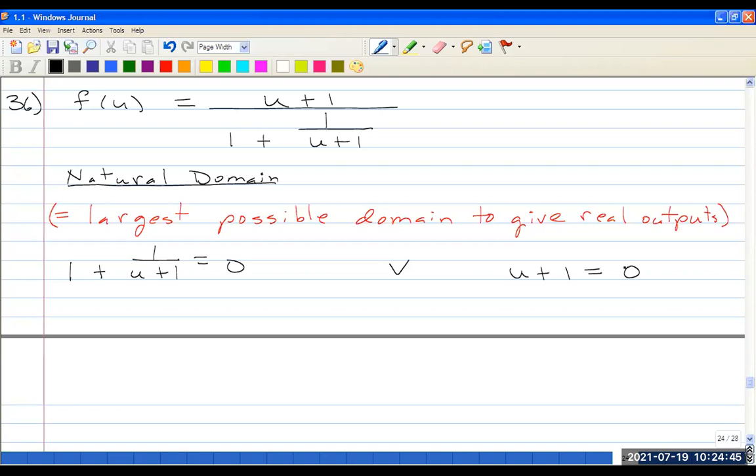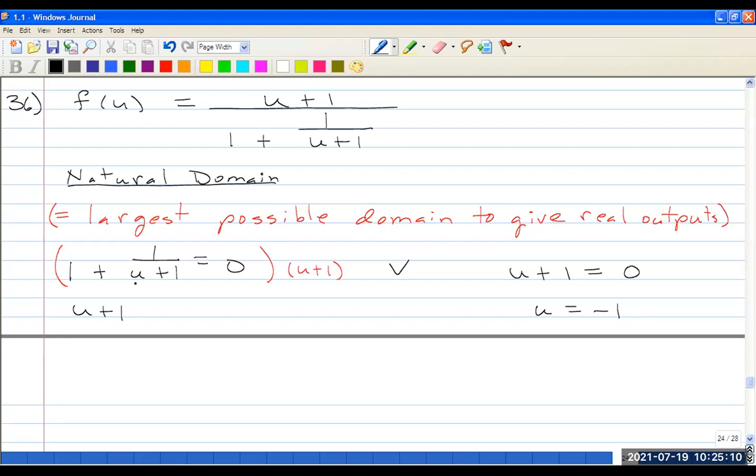Next, I want to get rid of the denominator in my very first function here. So let me multiply both sides of my equation by u plus 1. So 1 times u plus 1 is u plus 1.